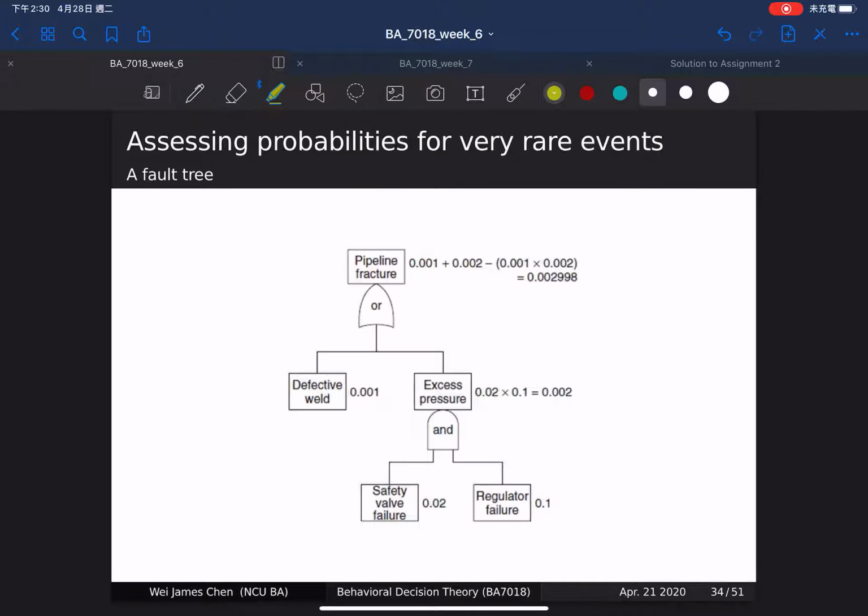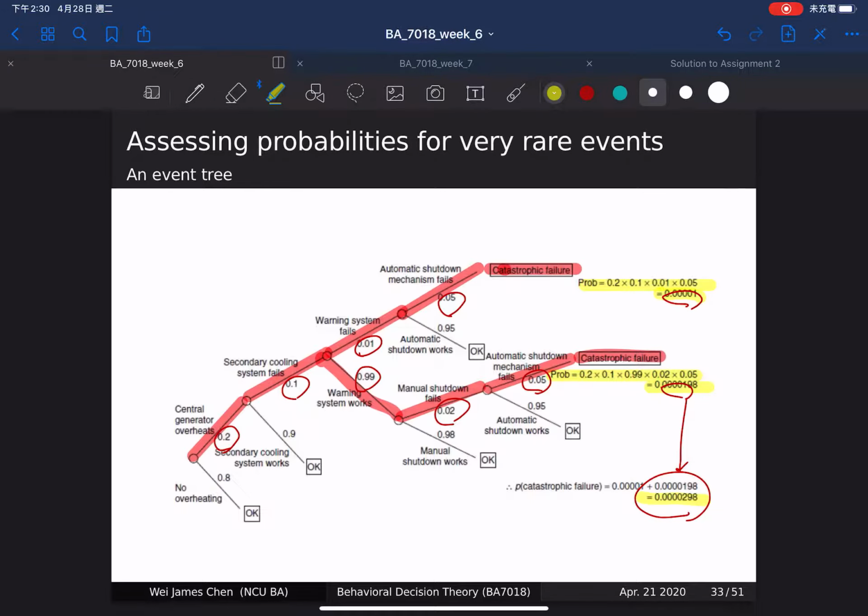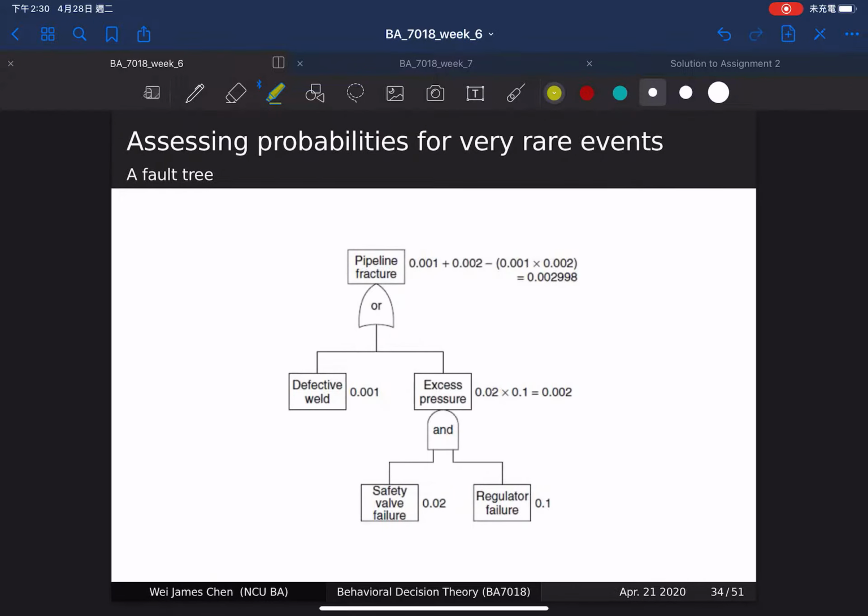Another way to do this is to use a different tree called the fault tree. But basically, this is just the reverse. Here we sort of started from the beginning, like what could cause this, that, and then to the end of the failure. Here I'm asking to draw this one first. Here is the pipeline fracture.